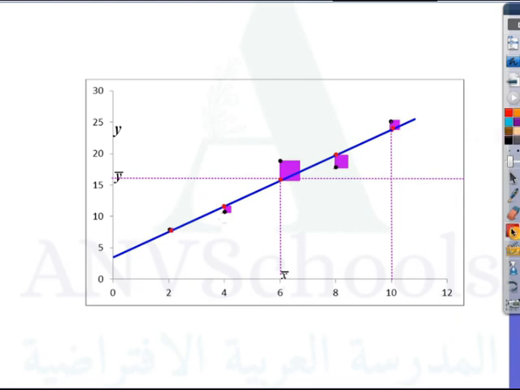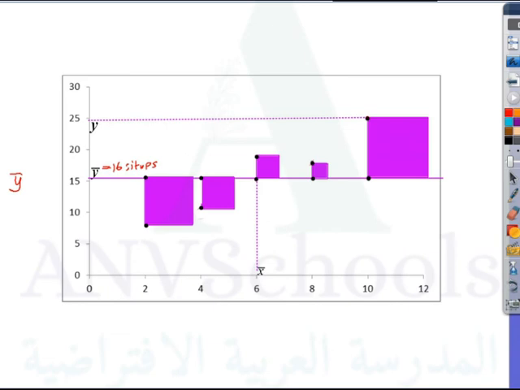Let us take this one for example. This is the square of the residuals from this point y hat and this original point. And this is the square of the residual between these two points. And also here, and also here. Notice and compare the difference between these squares.